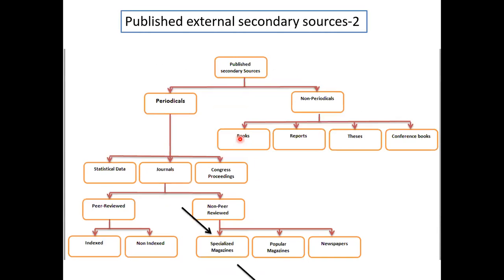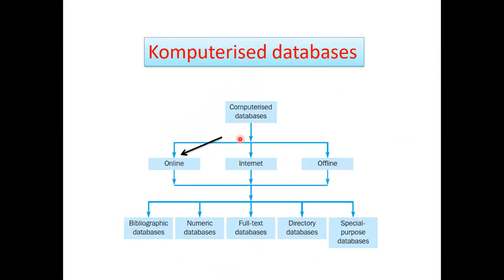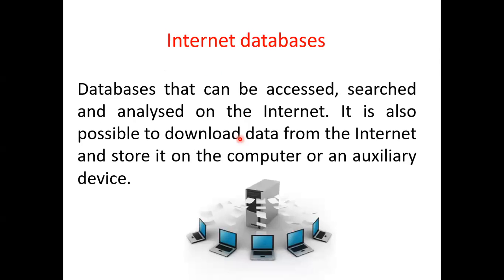Then I want to just rush through here. Then let's go to, okay, we have computerized databases, we have online, internet, offline, etc. Mostly the internet databases are useful, which can be accessed, searched, and analyzed on the internet.